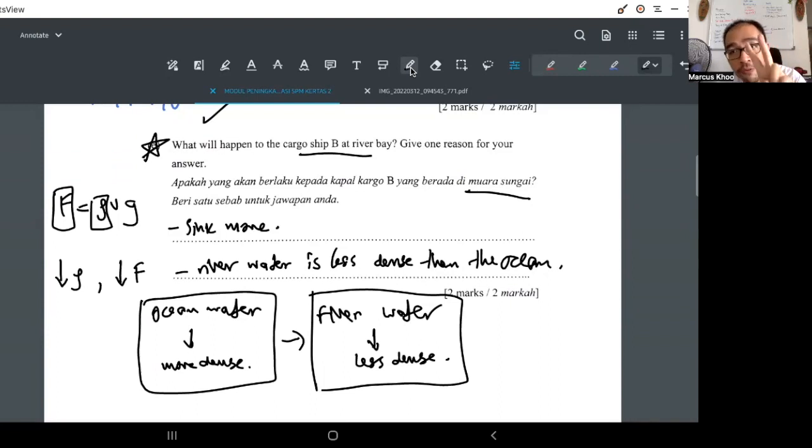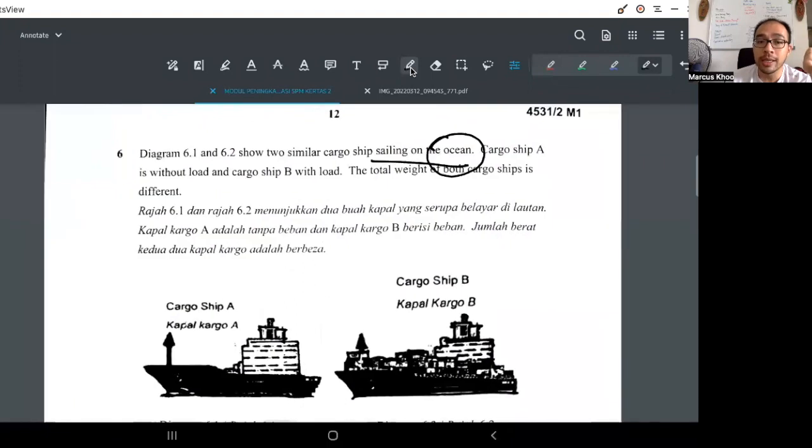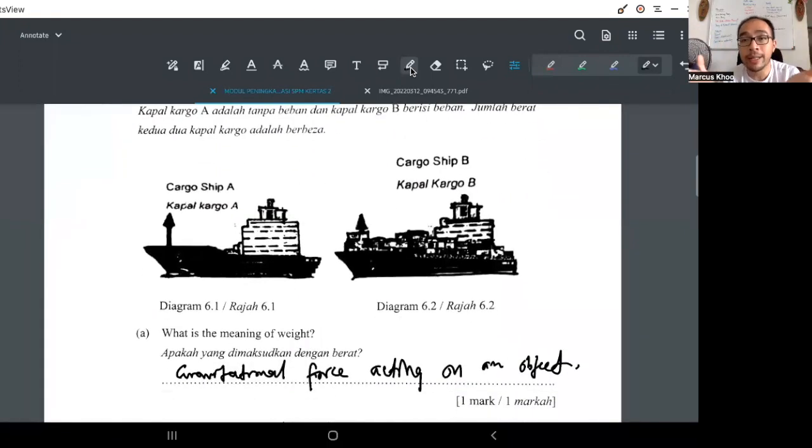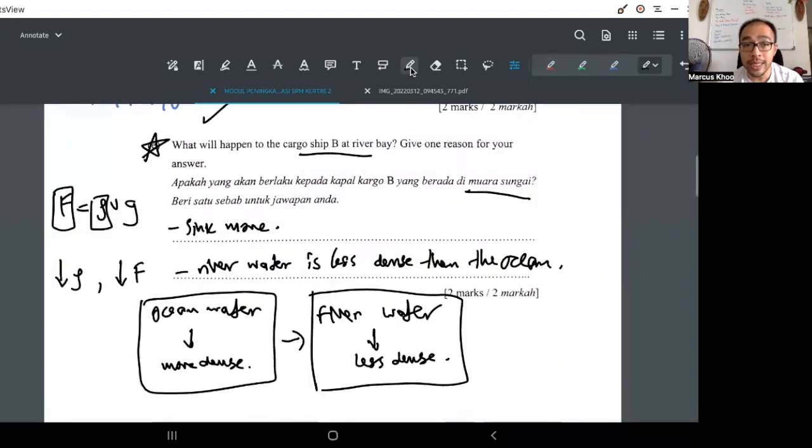There are actually two factors that affect the buoyant force. Okay, in the first situation, we look at how much of the ship is in the water. So the more the ship is in the water, the bigger the buoyant force lah. Okay, but in question E, we are looking at the density. The ship is the same ship, cargo ship B, but the density of the water has changed.